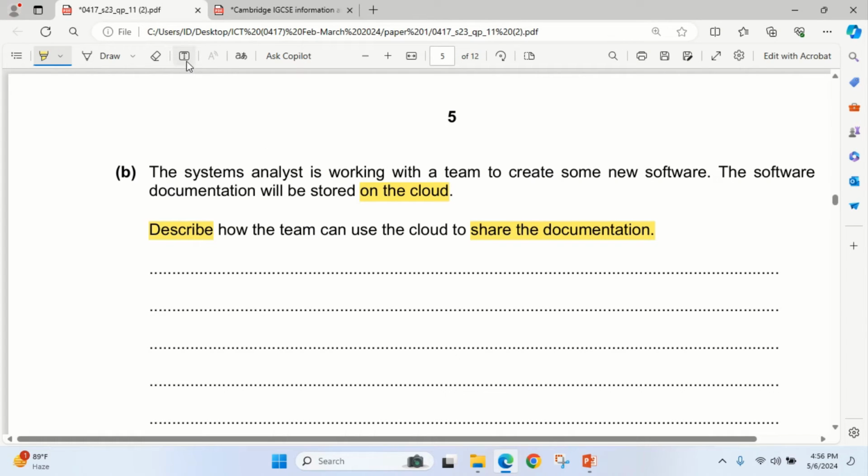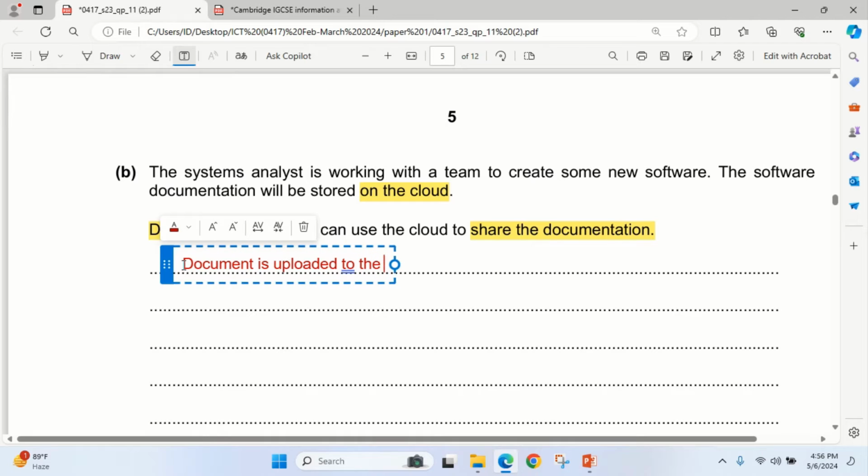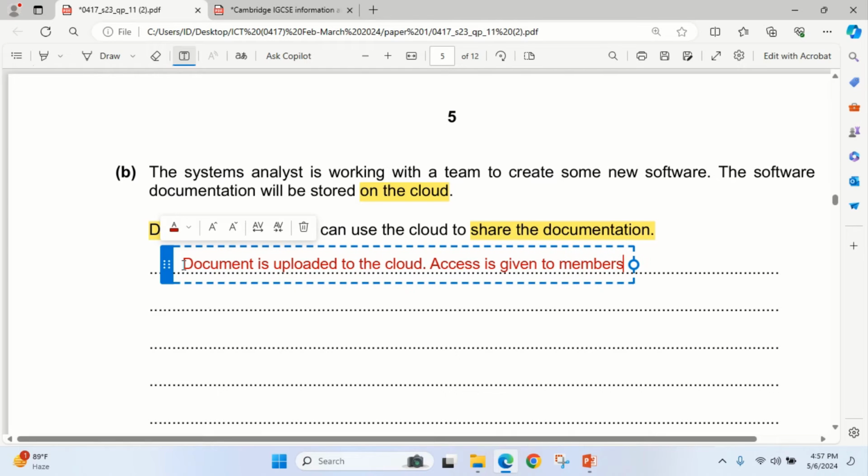The first thing is that before they will be able to even share it, the document needs to be uploaded first to the cloud. So you can say documentation is uploaded to the cloud. That's very important. And then access will be given to members of the team.